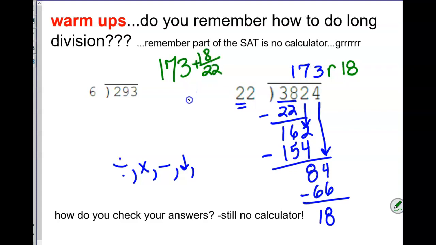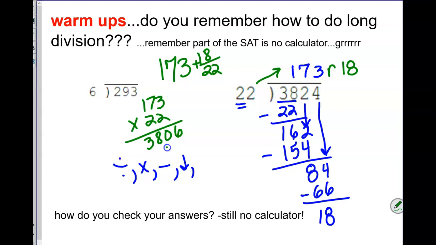Okay, how do you check that problem? Does anybody remember how you check that? 22 gets multiplied by 173. Somebody tell me what that is. 3806, okay? And then what did you have to do to finish checking it?